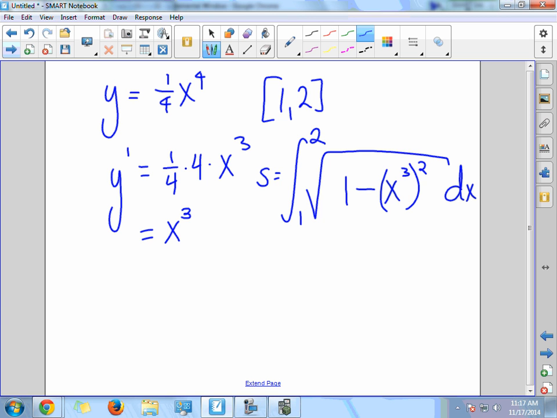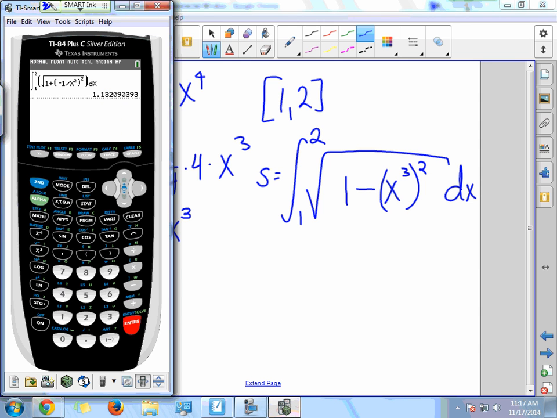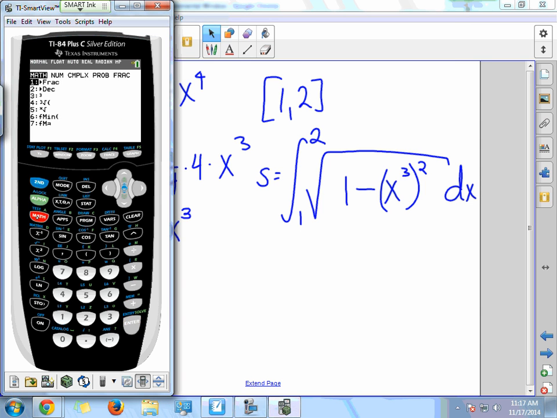And once again, this is not a function that's easily integrable without some algebra. So I'm going to go into Math 9 and integrate from 1 to 2, and it's going to be the square root of 1.